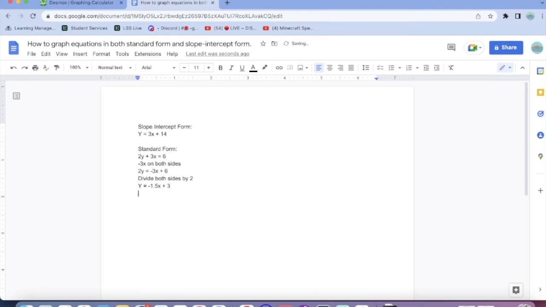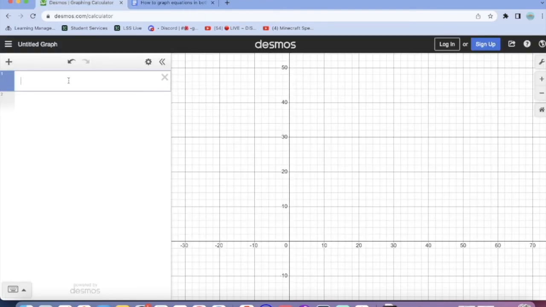So this is our equation that we've converted from standard form into slope-intercept form. So I'm going to highlight that. And from there, we can see that the y-intercept is positive 3. So that's when x equals 0.